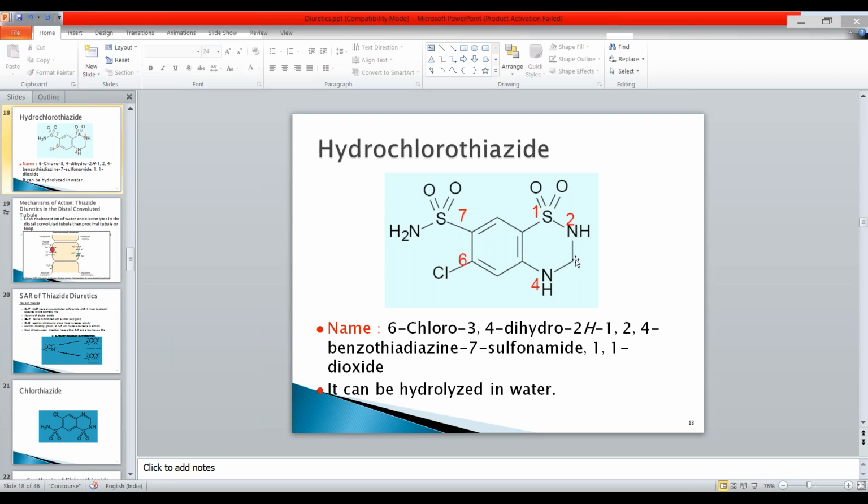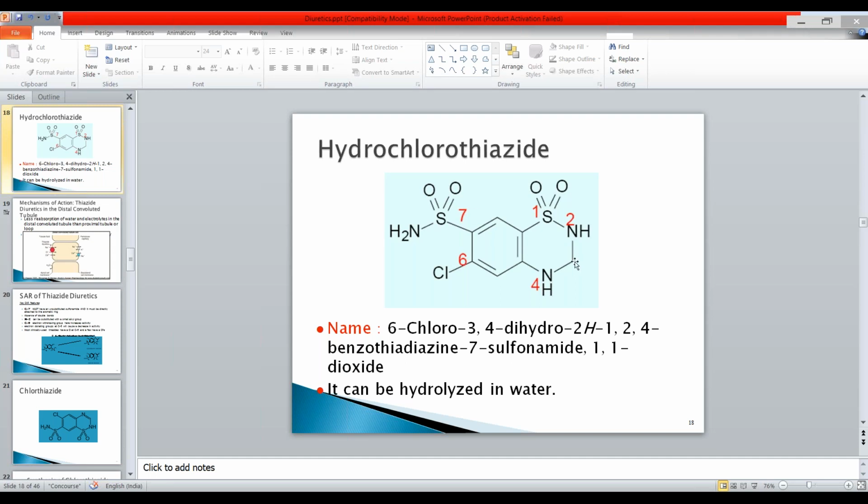However, if you have a hydrophilic group attached at this third position, the main drug will be soluble in water, and it will remove the drug out of the body system very easily. Thus, it will have a shorter duration of action. Okay.